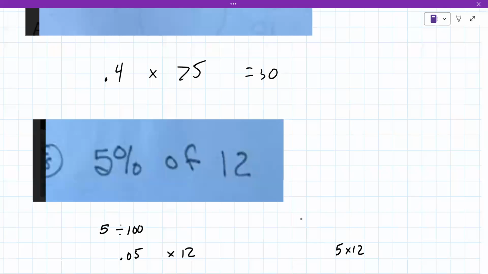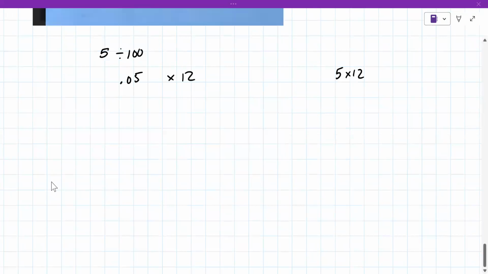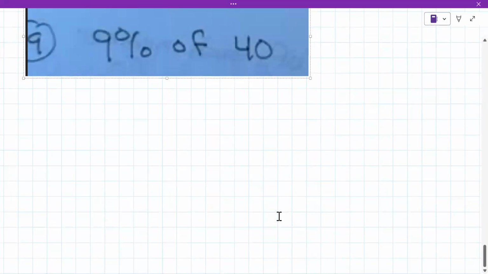Okay, 9% of 40. So what's 9% as a decimal? Wouldn't it be 0.9? Nope. Oh wait, you're dividing by 100. You're moving the decimal 2 places. It just looks a little bit funny.